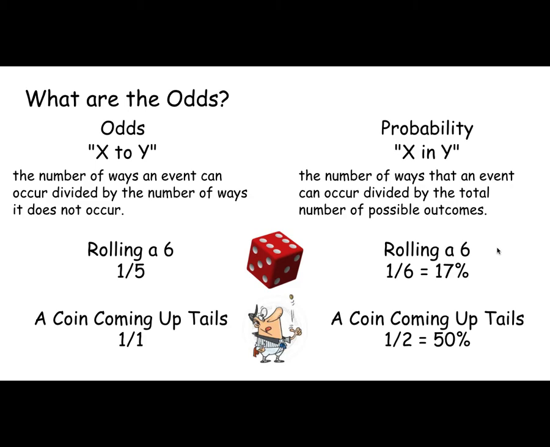Probability is the number of ways an event can occur divided by all the possible things that can happen. So the odds of rolling a 6 on a die is 1 in 5. The probability of rolling a 6 is 1 out of 6.